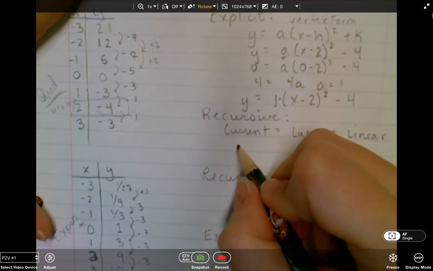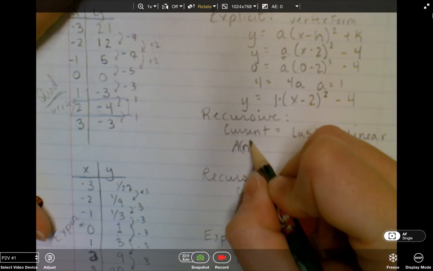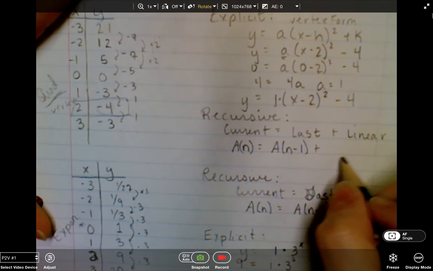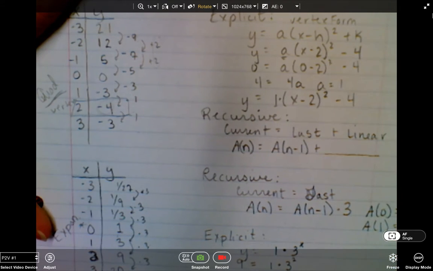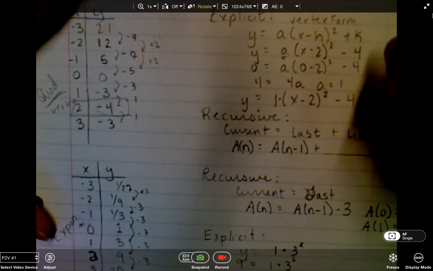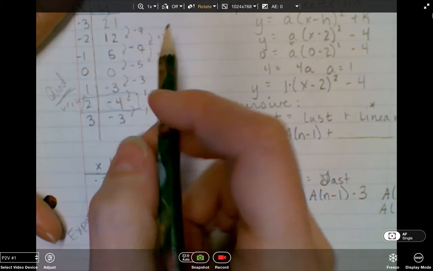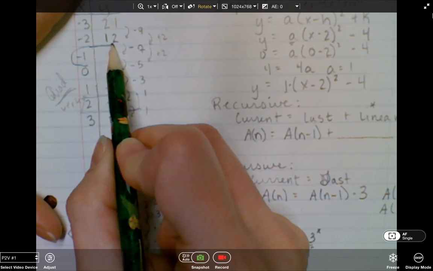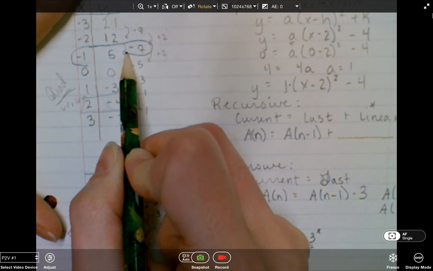So current is a of n, and last is still a of n minus 1, but now I need to find out what this linear is. Well, this linear function is going to be built using this term and how I got to that term.